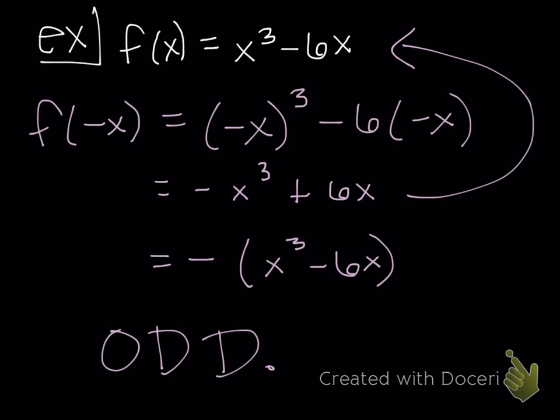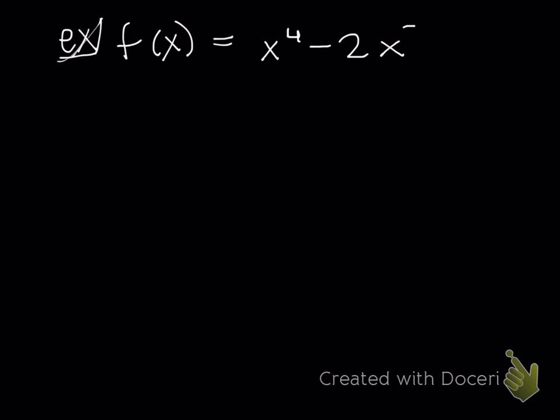So let's try the next one. So the next one is f of x equals x to the fourth power minus 2x squared. So I evaluate it again at negative x.